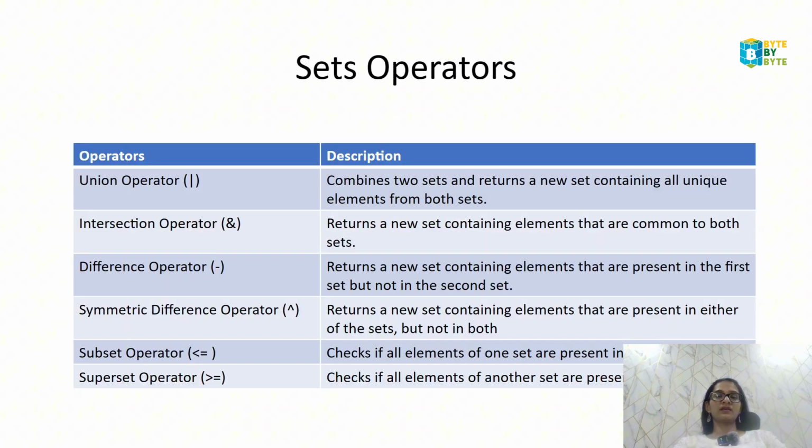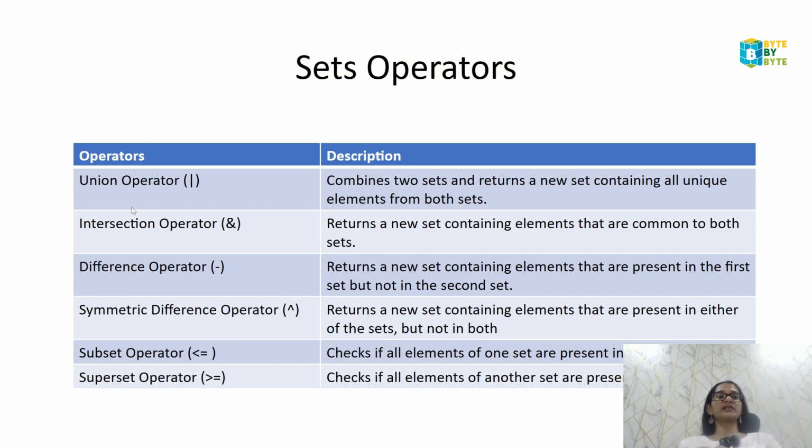Okay, so let's see first of all the set operators. We have different operators that support your sets. The first operator is the union operator, then you have intersection, difference, symmetric difference, the subset operator, and the superset operator.